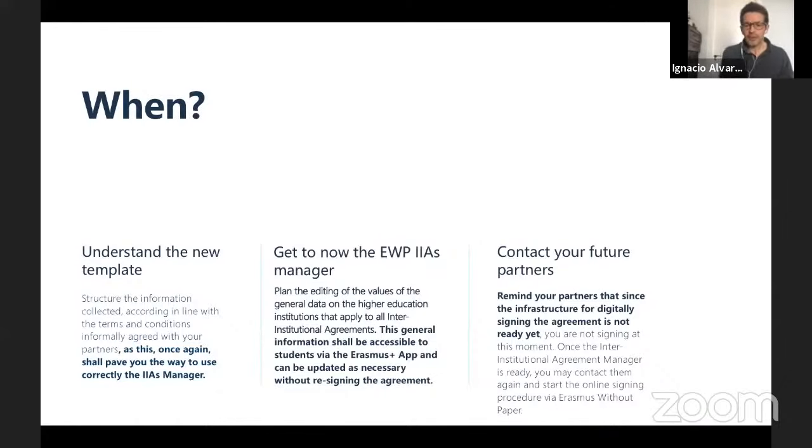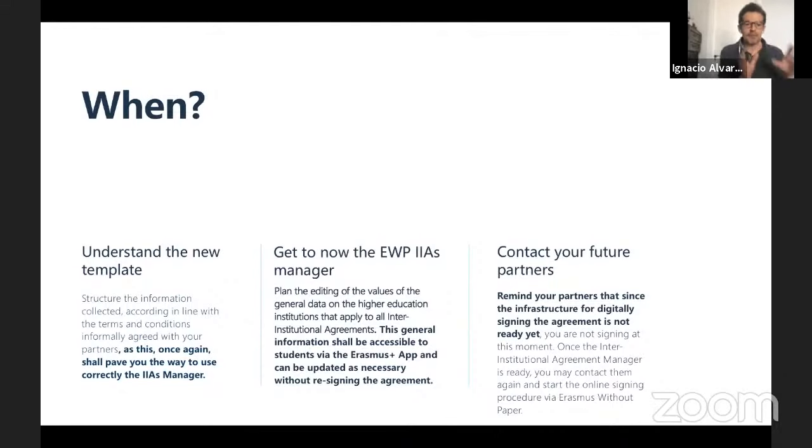We have already begun to negotiate the terms and conditions with our future partners. Sometimes we will try to assess the quality of our past agreement with some institutions during the former program 2014-2020. Sometimes we will decide not to have more cooperation. Sometimes we will want to increase the cooperation, adding new types of mobility or new numbers.